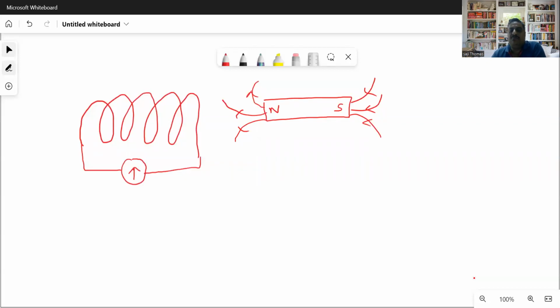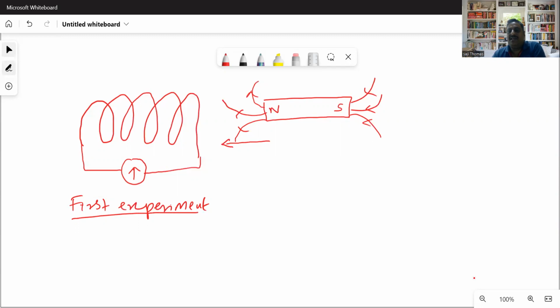Now, he moved the bar magnet into the coil and he observed a deflection in the galvanometer. He moved the bar magnet into the coil. What happened?